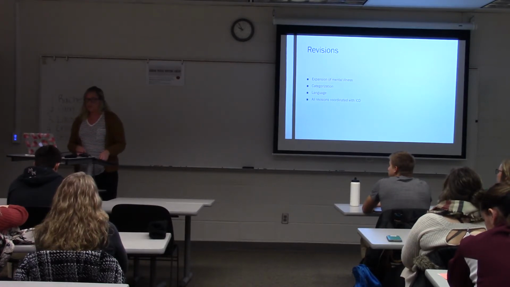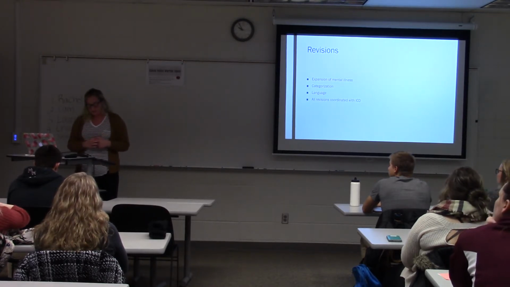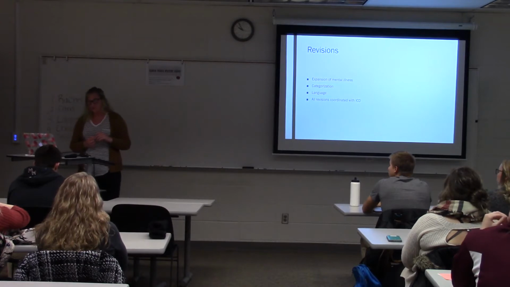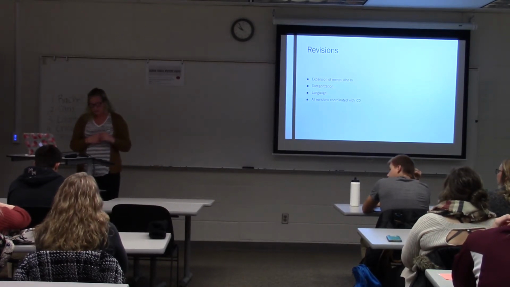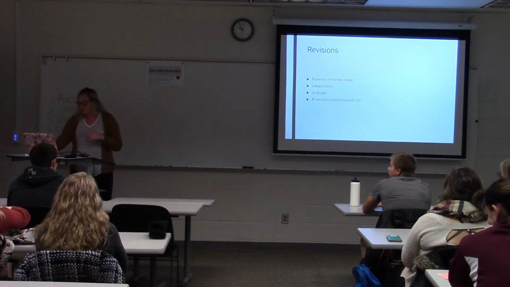To bounce back, they did an expansion on mental illness by including those milder conditions, ones that you see out in the general public. They created a more systematic categorization so it's easier to follow along with, and a more efficient language for people to communicate with.